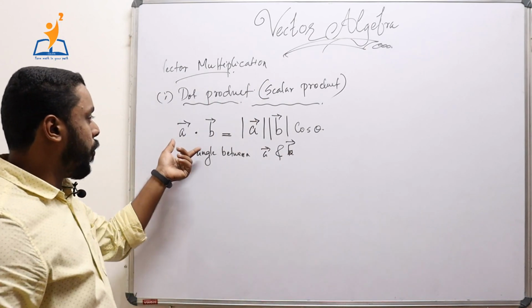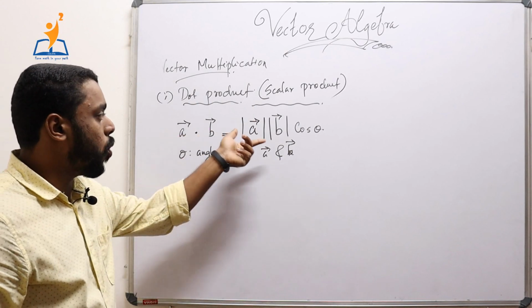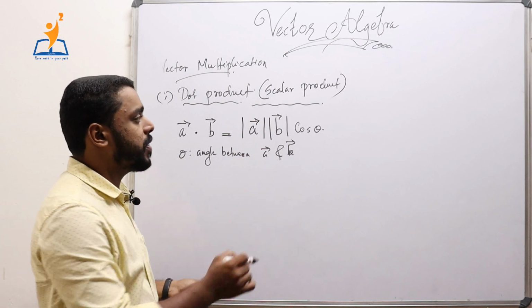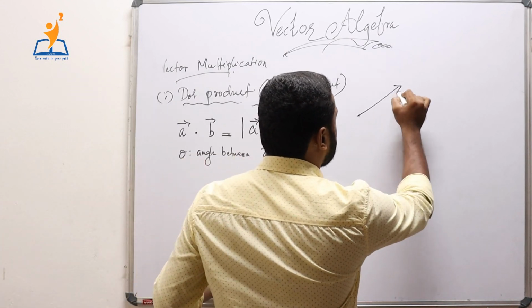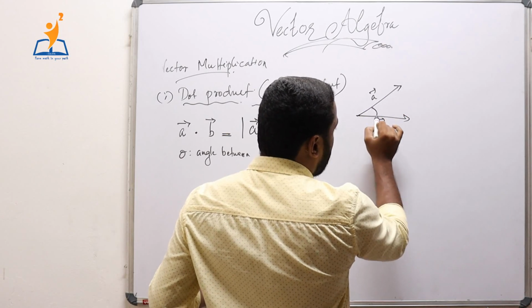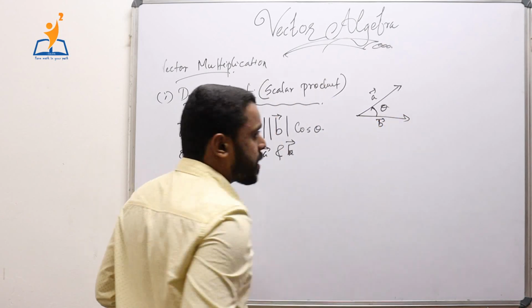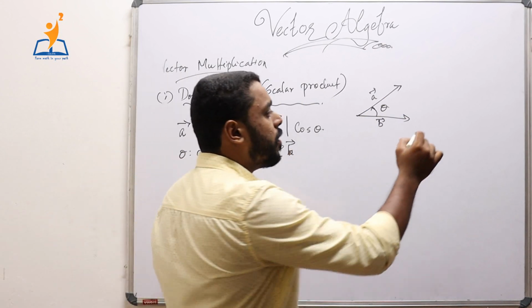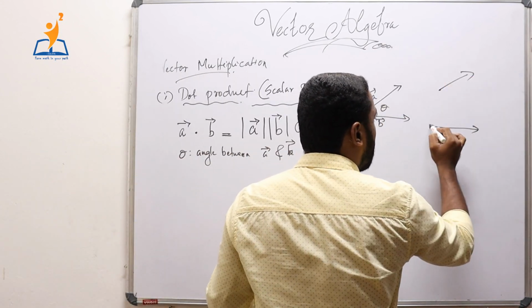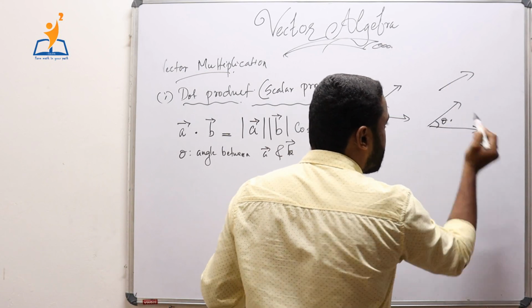Suppose we are provided with two vectors, vector a and vector b, like this, then theta, the angle between these two vectors, is this. If we are provided with two vectors in a random position, we can take this vector and place it here so that we can find theta here also.